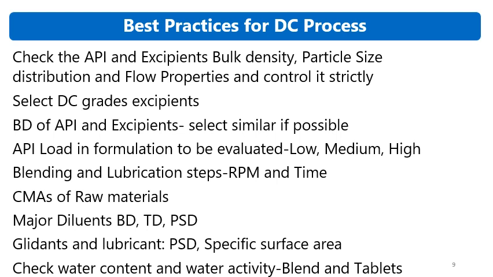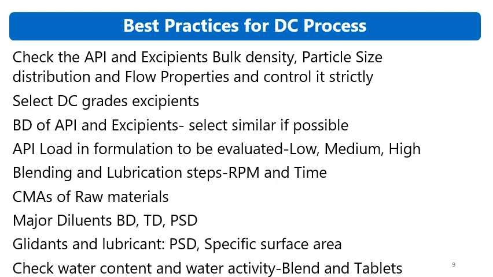Bulk density of API and the excipient: always try to select excipients which have a similar bulk density to the API, and that is to be done on the basis of API load. If the API load in the formulation is only 5% or 2%, then you can directly select the DC grade excipients and blend the API with these excipients. So if the API content is low in the formulation, the API properties will not have much impact.